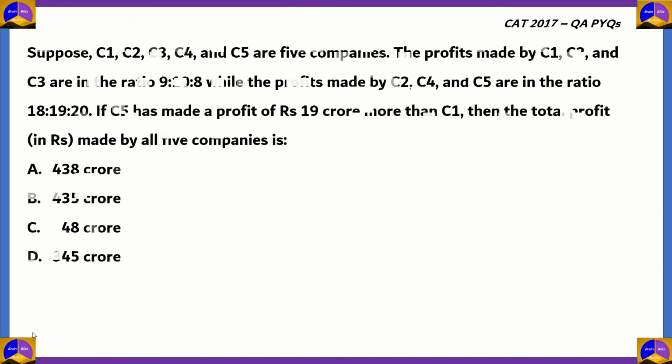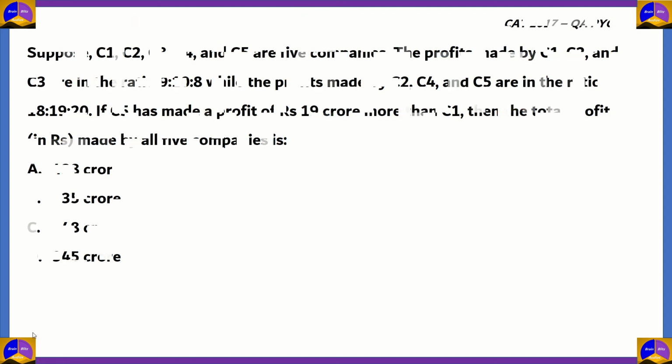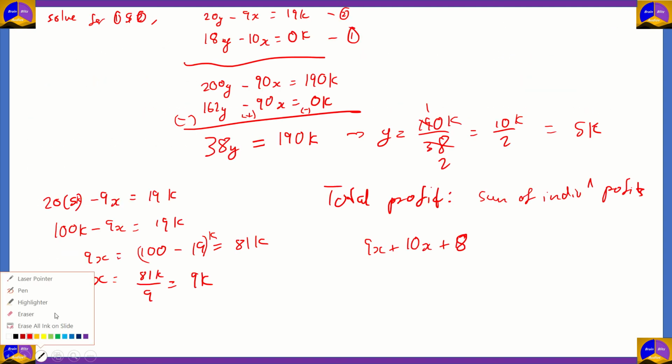So let's consider that to be 8x, just erasing them so that you can see them clearly. That's 8x. Now for the y terms, for C4 and C5, we know that they're in y terms, so we can use the y terms there. So that will be 19y plus 20y.